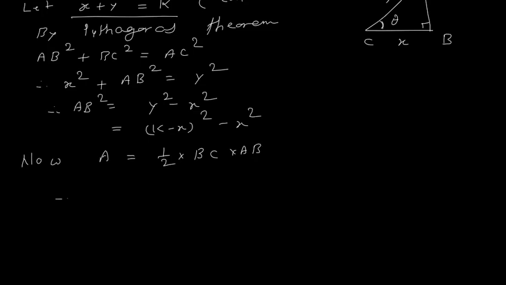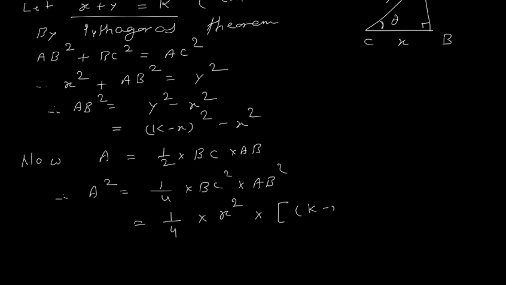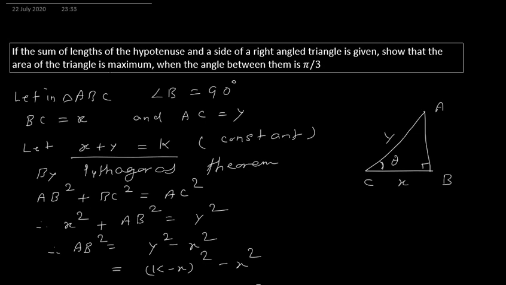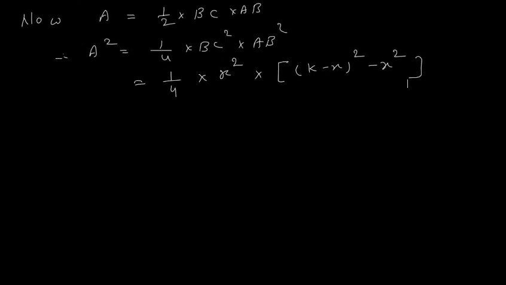Therefore area square will be 1 upon 4 into BC square into AB square, which is 1 upon 4 into x square into k minus x the whole square minus x square. Now in the problem we have to show that area of the triangle is maximum when angle is pi by 3. So when area is maximum, area square is also maximum.